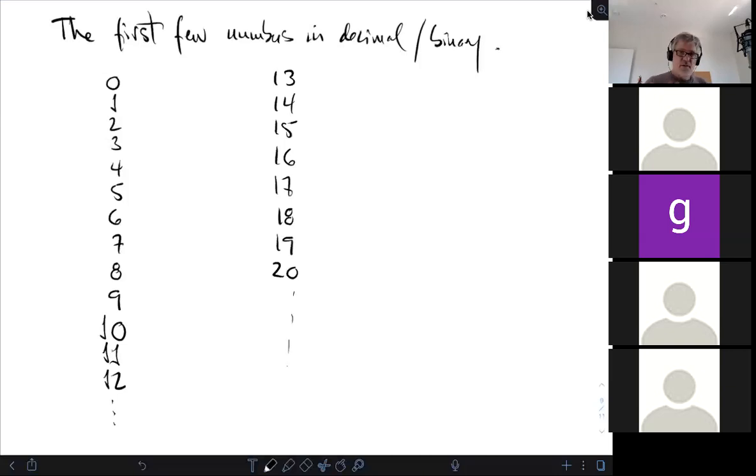Okay, let's write the equivalent in binary. So this is in decimal. Let's write in binary. So 0, 1. What is 2? I've reached the base.